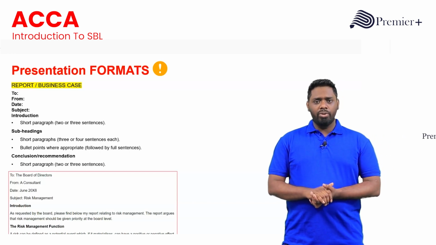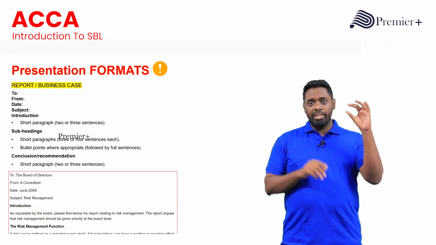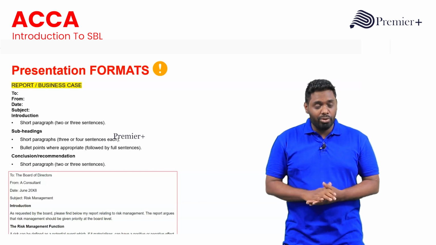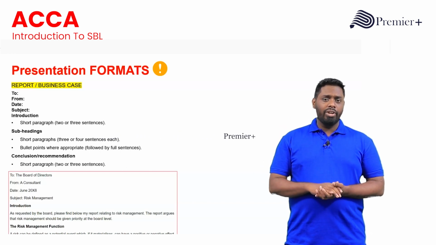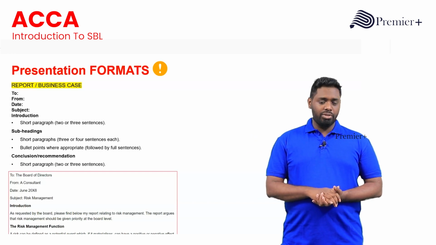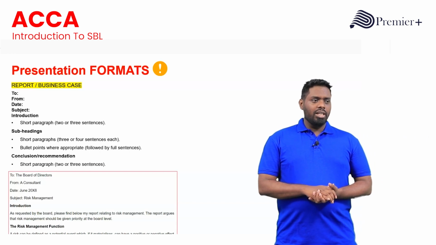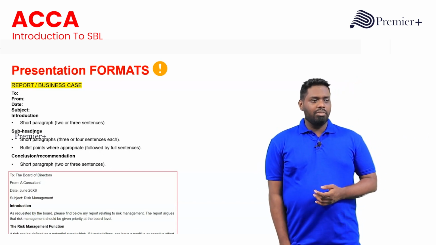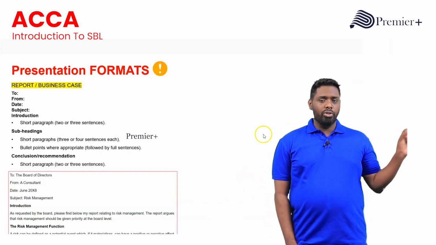Since we are following a report, your answer should contain 3 areas. At the beginning, it should have an introduction of what is discussed in the report. Then second is the main body, where you have subheadings for relevant points. And finally, the conclusion of the report. And as you can see in the example below, to the board of directors.